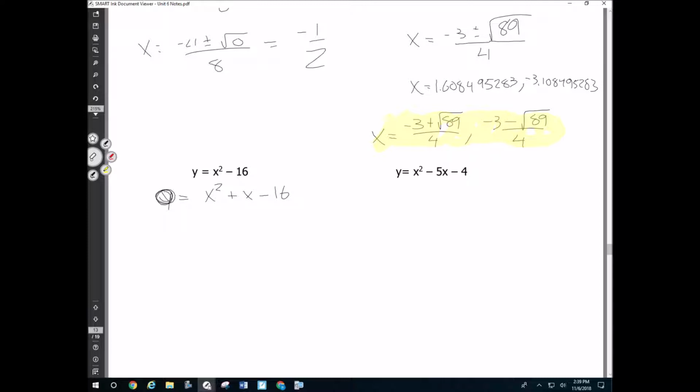x equals negative b plus or minus the square root of b squared minus 4ac, all over 2a. For bc or for ac? For ac. x equals negative b plus or minus the square root of b squared minus 4ac.